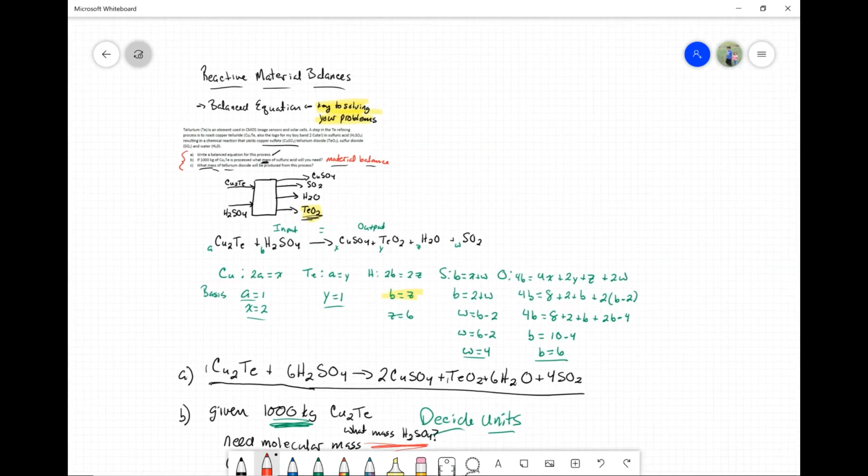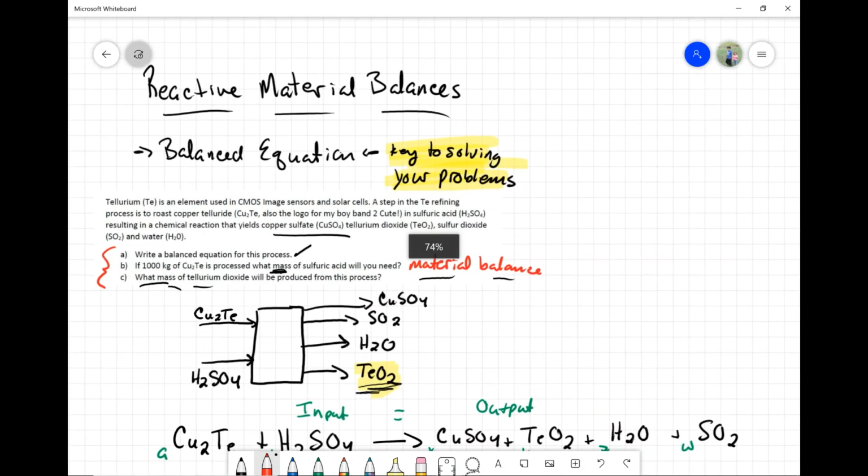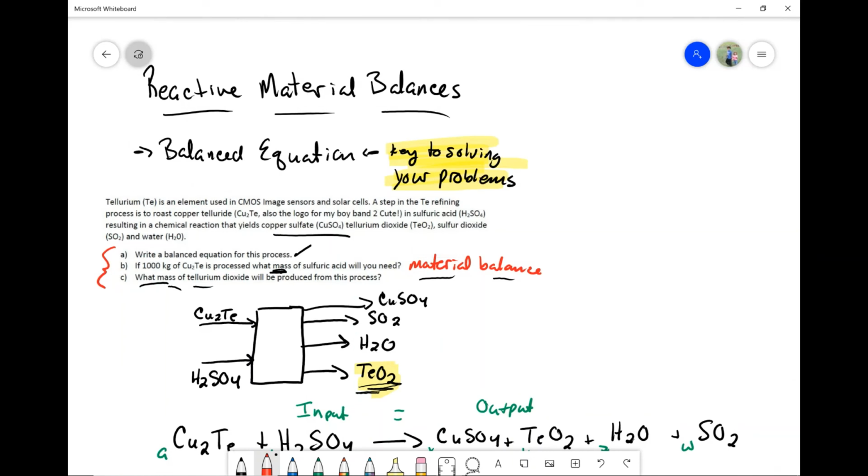However, this is a pretty good process to follow, and so the steps we always want to follow are: 1, write a balanced equation. 2, decide the units.